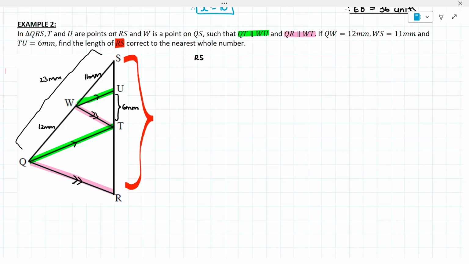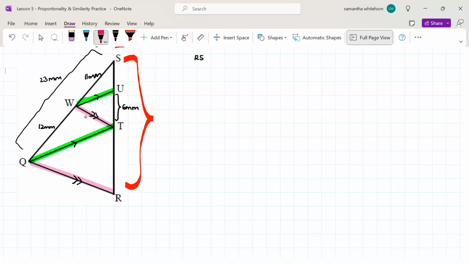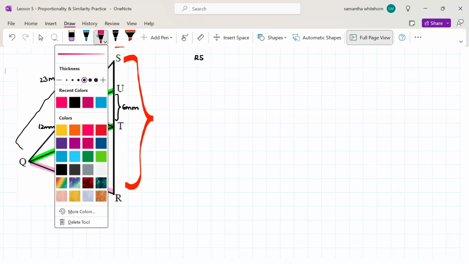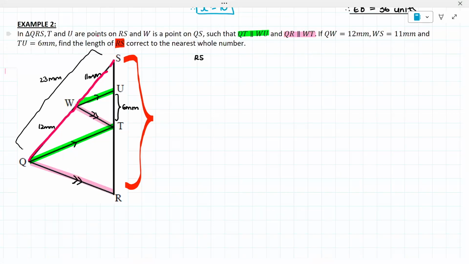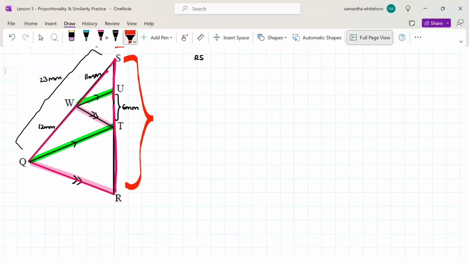I know I want RS, and I'm now going to start setting up a ratio. Now, if you consider which triangle RS is in, remember we've got the pink triangle, which is QSR, and we've got the green triangle, which is QST.